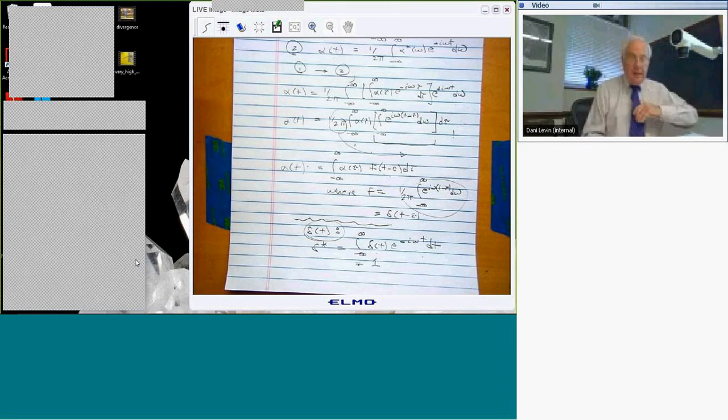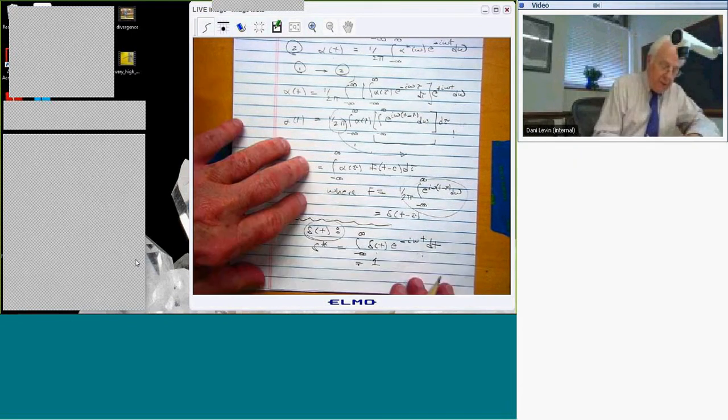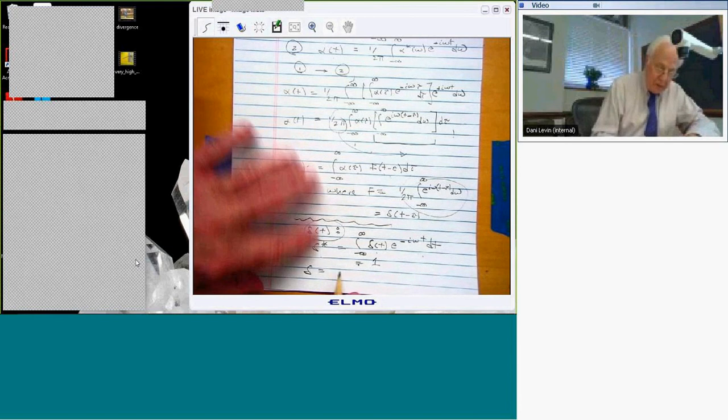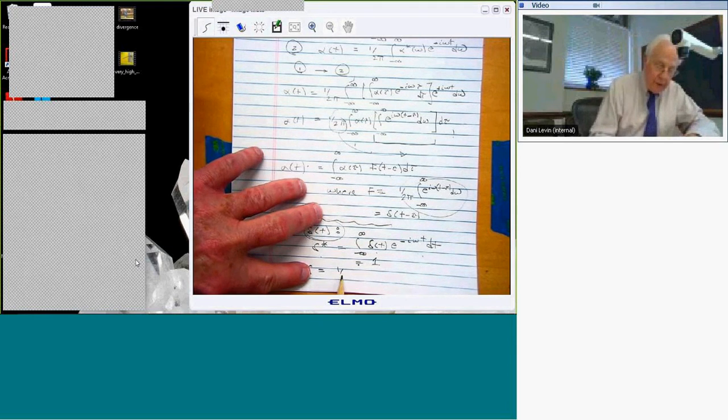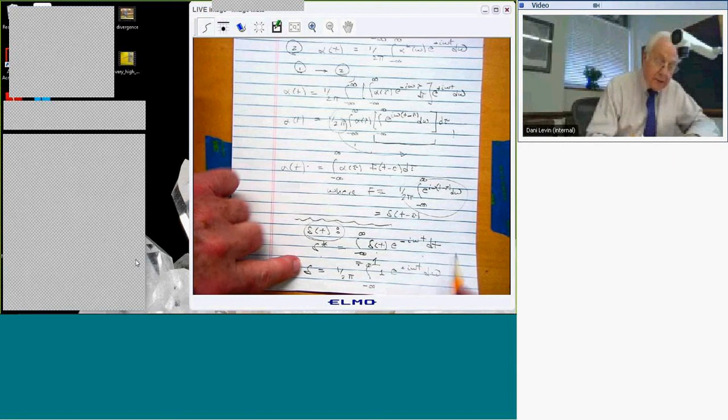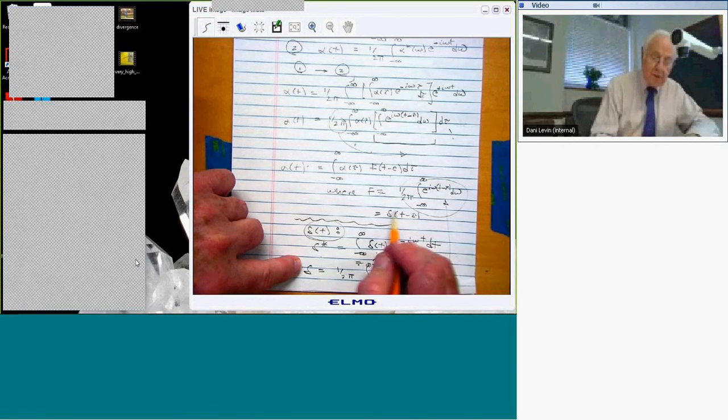And therefore, the delta function must be, according to the inverse rule, 1 over 2 pi, the integral of delta star, which is 1, e to the plus i omega t d omega. But that's just the same thing. I mean, this is the delta function of t minus tau, and this is the delta function of t, right?